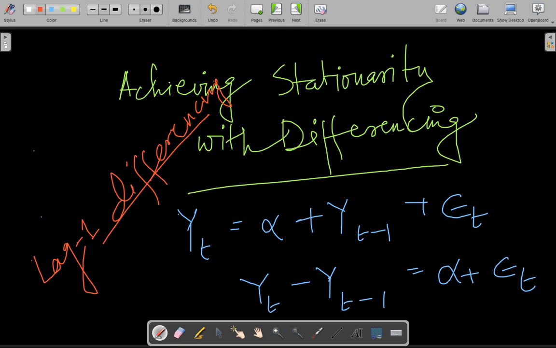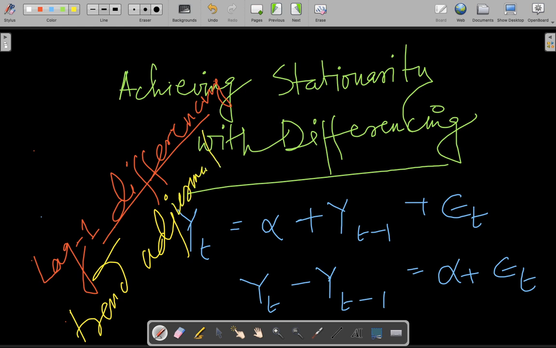We can also have lag M differencing, which you do for seasonality adjustment. Lag 1 differencing is for trend adjustment, where the moment I subtract the previous period value, I make my data free of any trend.